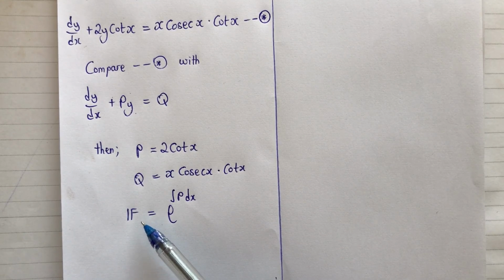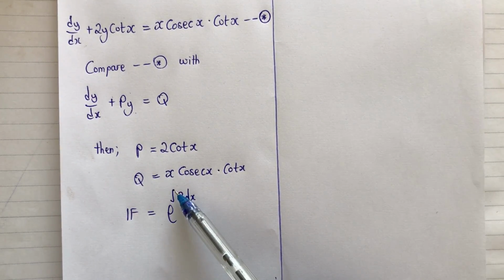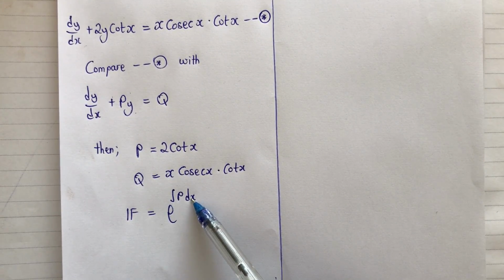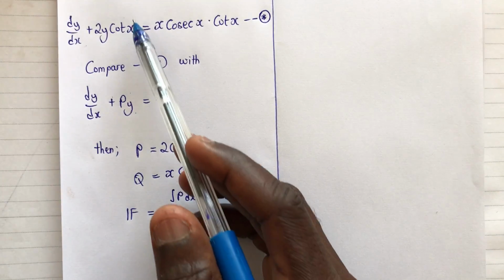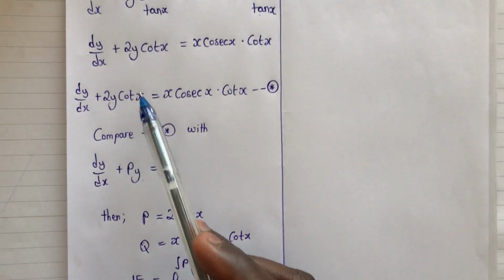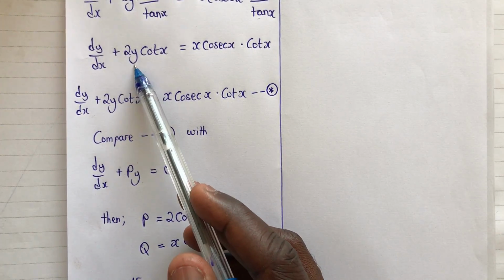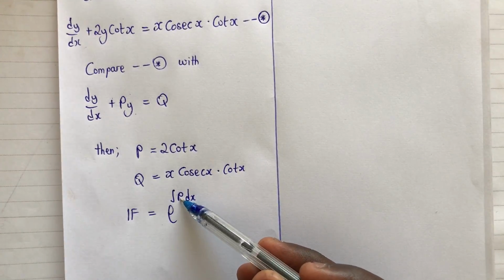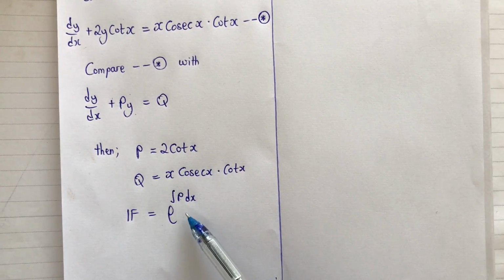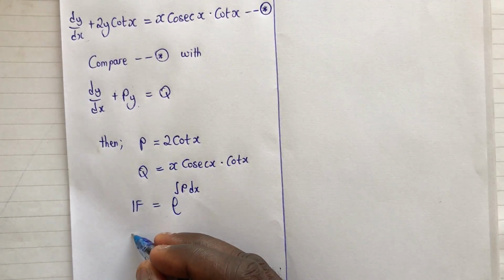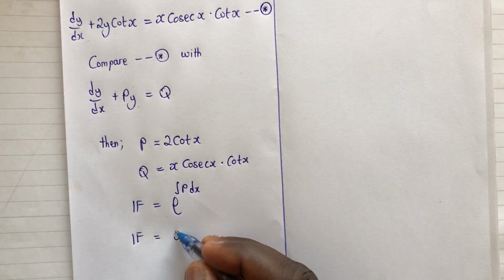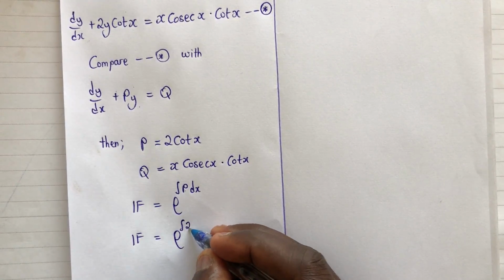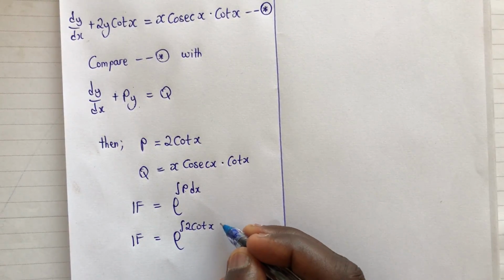So the integrating factor is e to the integral of P dx, where P is the function that is multiplying the variable y. So don't forget that. So now, what is our P function? We already have it, so we can substitute it there. So we have our IF equal to e to the integral of 2 cot x dx.